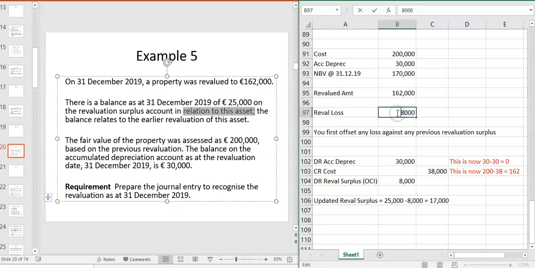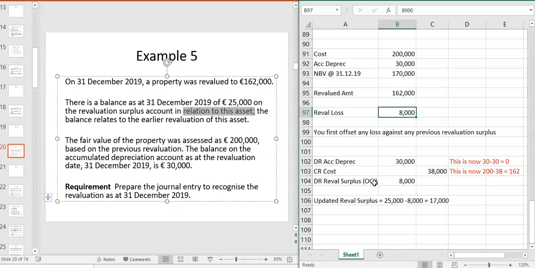For example, if this loss was 38,000, then the first 25 would go to the reval surplus, debit the reval surplus 25. The rest, the 13,000, would go to the P&L. So you can only wipe out the reval surplus up to its amount. Any loss above the existing reval surplus goes to the P&L directly. So that's something to watch out for in questions.